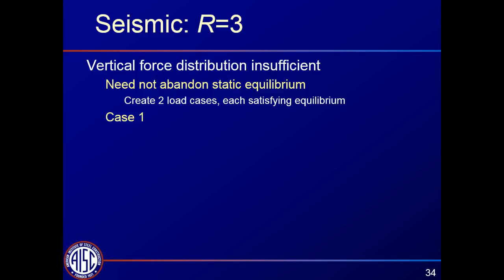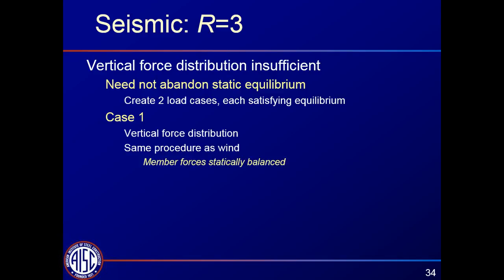Case 1 is just going to be that vertical force distribution. Same procedure as wind. So we make sure that we're designing our connections for those forces that correspond to what we're designing the braces for. The member forces will be statically balanced, and really we can proceed with our design as normal. This is typically going to govern the vertical forces at the connection.